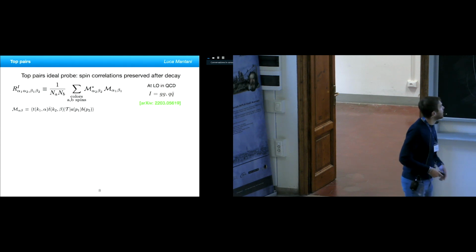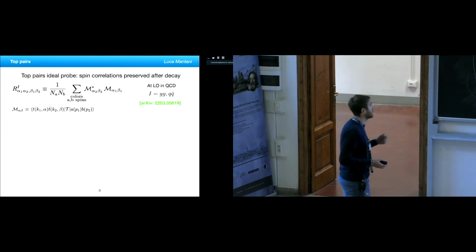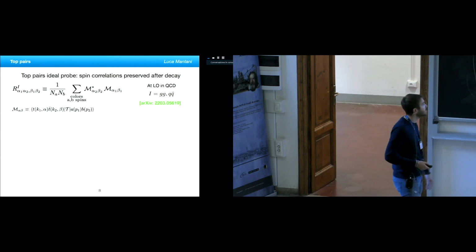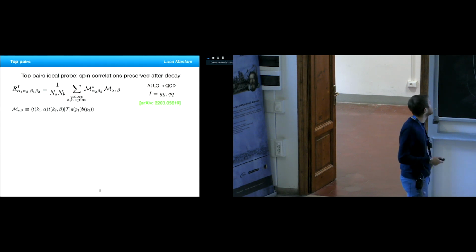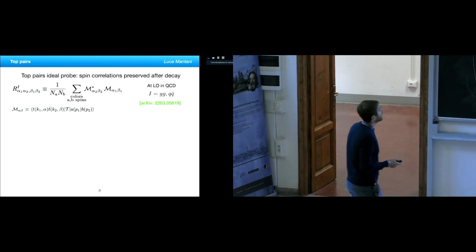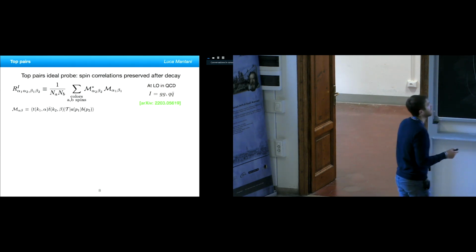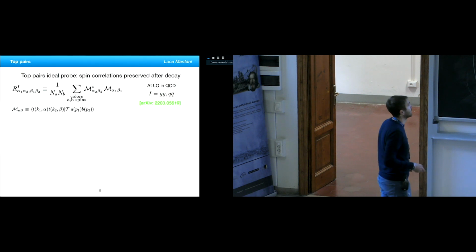Okay, so as Dorival said before, top pairs are an ideal probe because these spin correlations are preserved after the decay, since the top decays before hadronizing. And so we can go on and compute this object for our experiment. At leading order in QCD, there are two main channels, the gluon fusion one and the q q-bar channel.